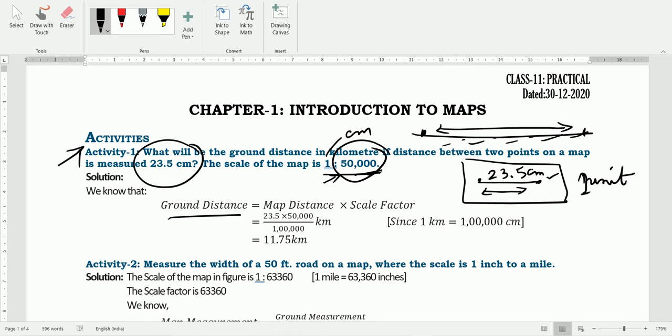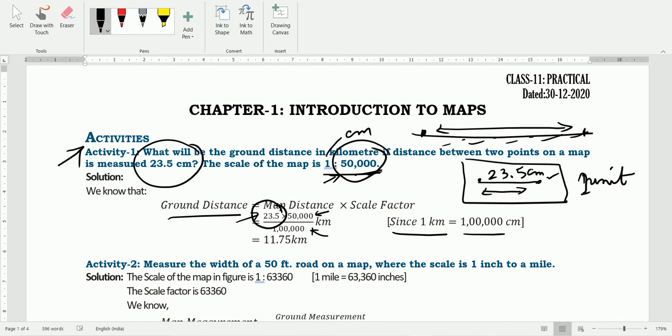So 23.5 multiplied by 50,000 and divided by 1 lakh. We are dividing by 1 lakh because we have to express it in kilometers. Since 1 kilometer is equal to 1 lakh centimeter, we have to divide it by 1 lakh.